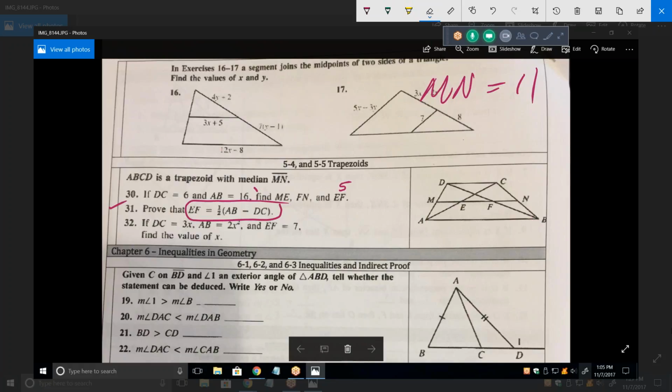How else would we prove that it was half? Well, what if we look at it like this? Does that help?